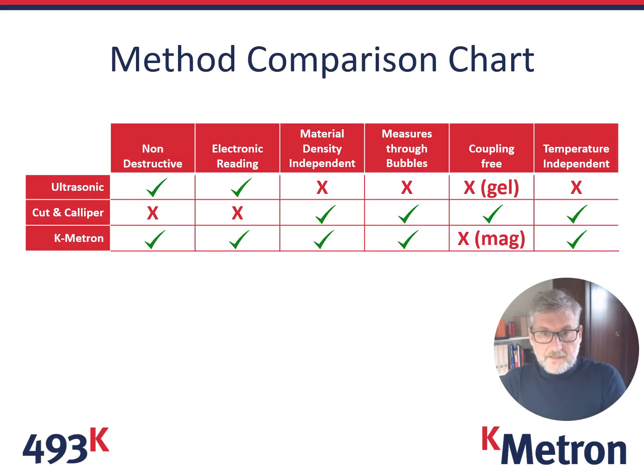So as with anything, in order to optimize the wall thickness, we have to first of all find a method to measure the wall thickness of your parts. And historically, there have been two main methods to do that. One is ultrasonic measurement of the wall thickness of your part.